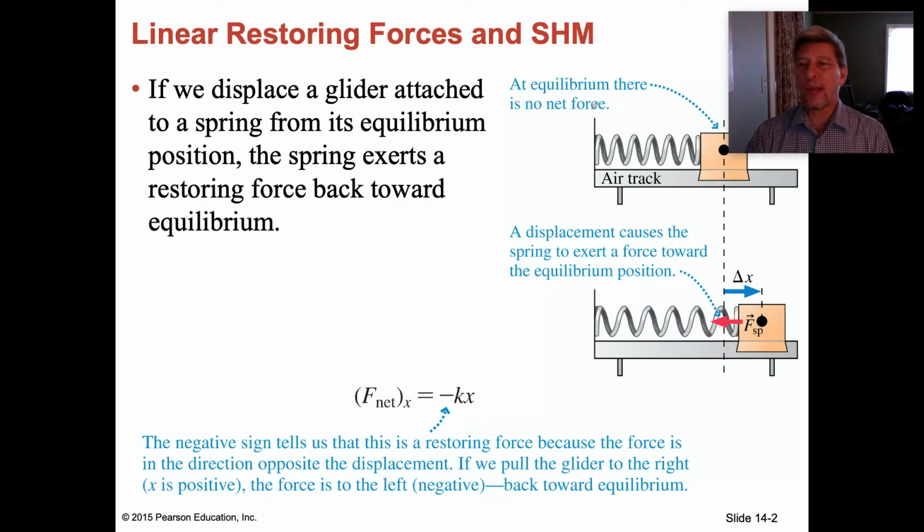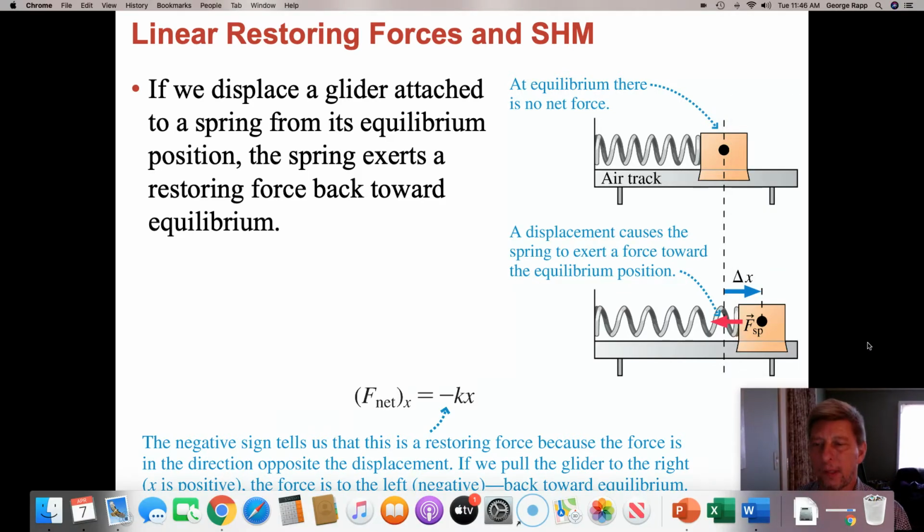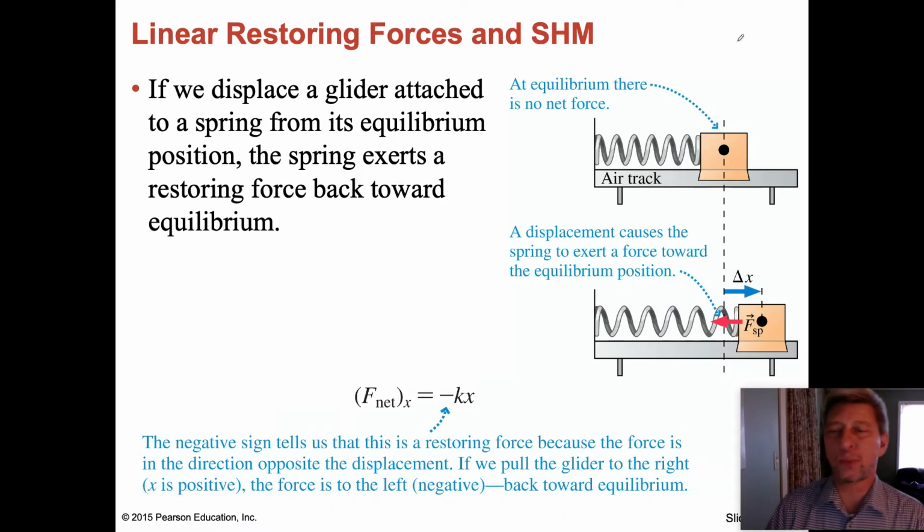So let's say that we have a mass attached to a spring on an air track. It's simply on an air track to prevent the force of friction from playing any role here. If the spring is at equilibrium with the mass, there's no net force here. The spring is not pulling the block in or pushing it outward.